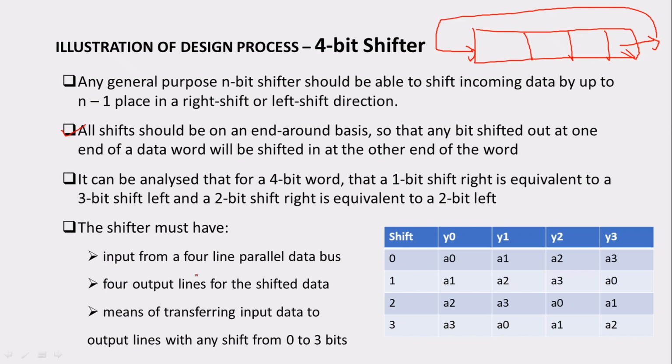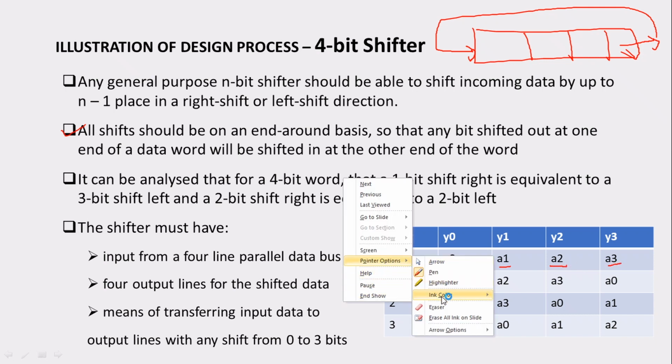Considering this, a shifter must have 4 inputs from a 4-line parallel data bus, 4 output lines for the shifted data, and a means of transferring input data to the output lines with any shift from 0 to 3 bits. Let us consider the shifts 0, 1, 2 and then 3. If your shift is 0, then your output value is the same as your input bit.